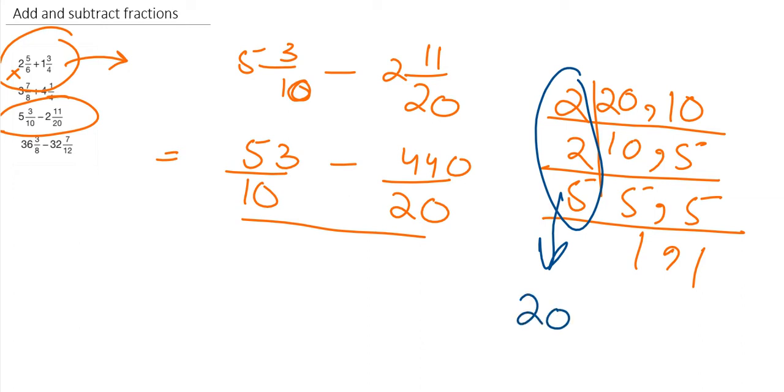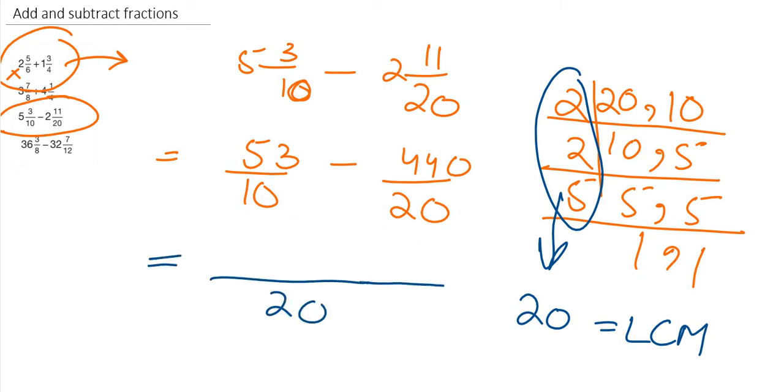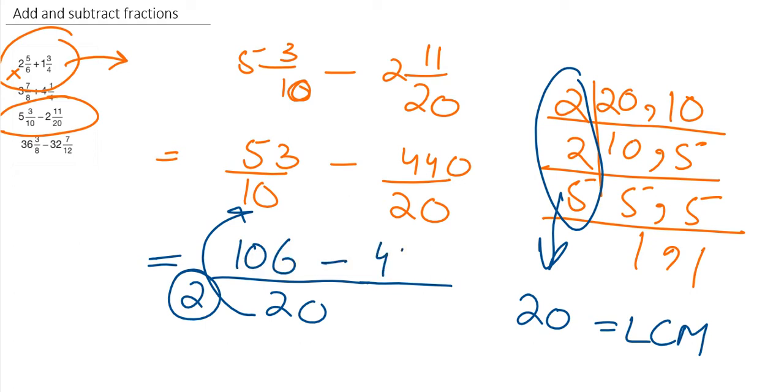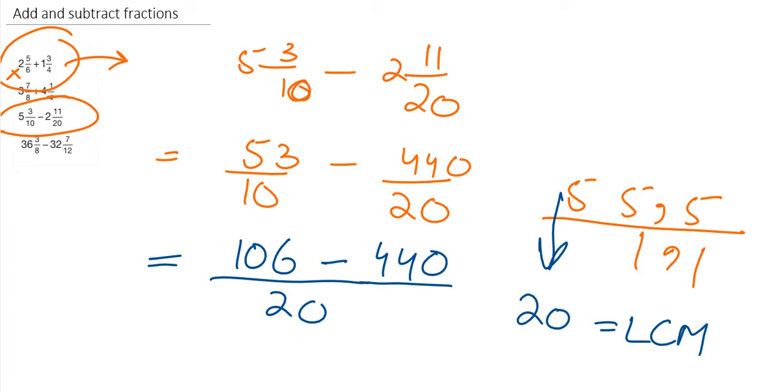That is 20, so 20 is our LCM. Again, we have to divide it by the denominator. We get 2 over here and multiply it with 53. So apply the same procedure over here.